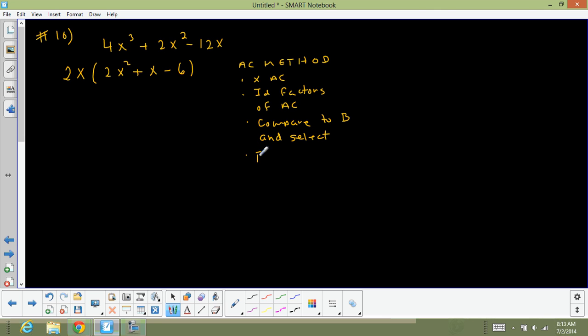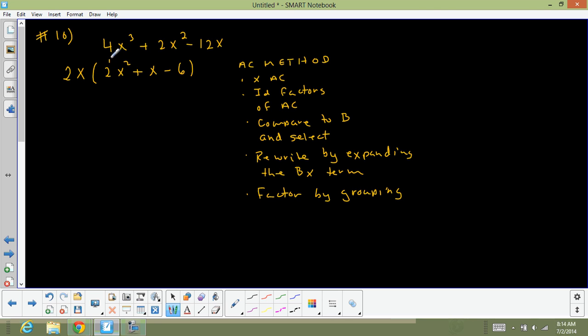You want to rewrite by expanding, I'll say, the B term. We can call it the BX term. And then finally, you finish by factoring by grouping. So we're going to execute these steps and show you what this would look like.